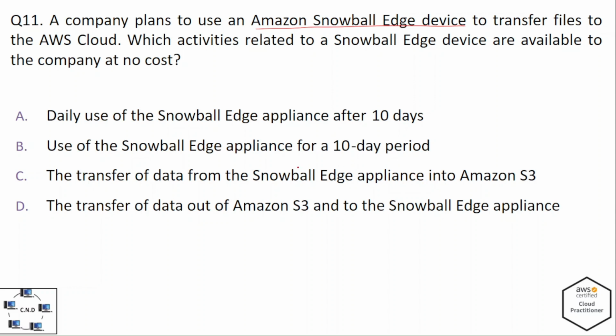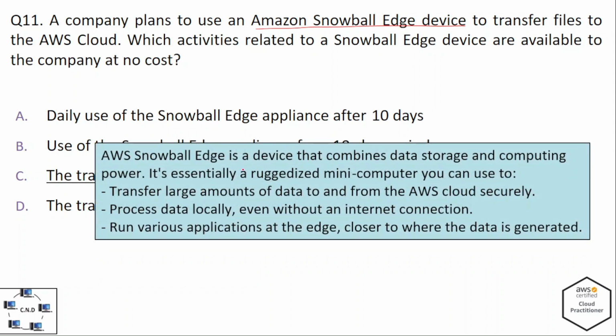And the correct option is option C, the transfer of data from the Snowball Edge appliance into Amazon S3. So what is the Amazon Snowball Edge device? It is basically a device that combines data storage and computing power.